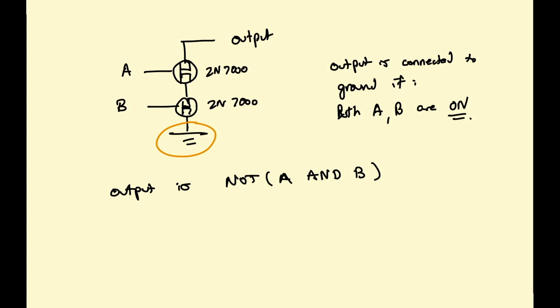What's another way that I can write not parentheses A and B? Let's just think in English for a moment. If I ask you the question, are you in math class and a computer science class this semester? For some of you, that's true, and for some of you, it's not.